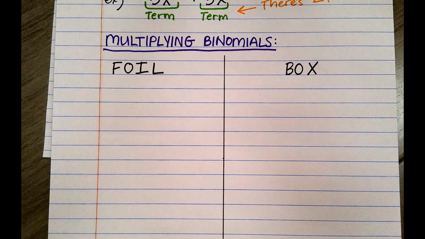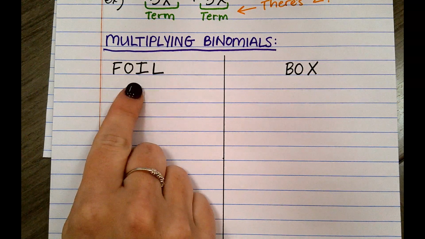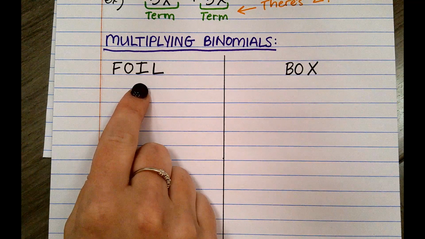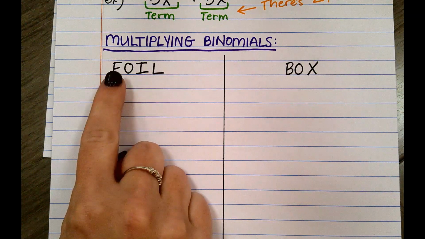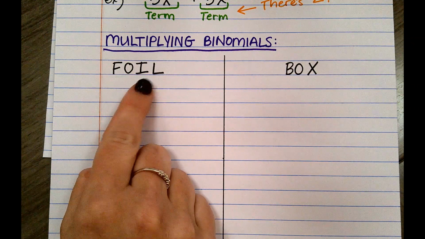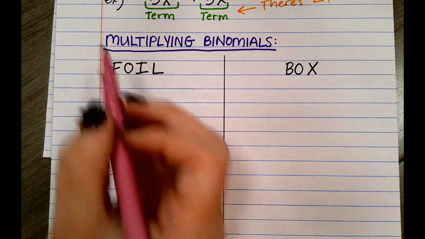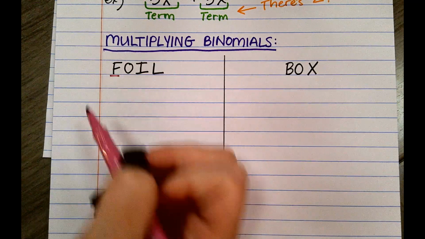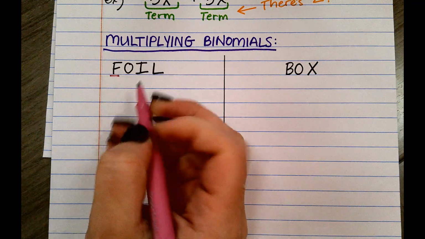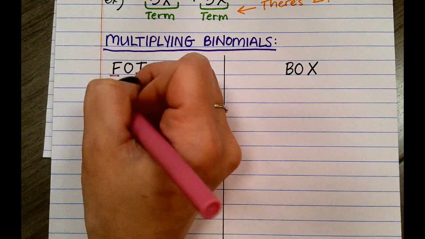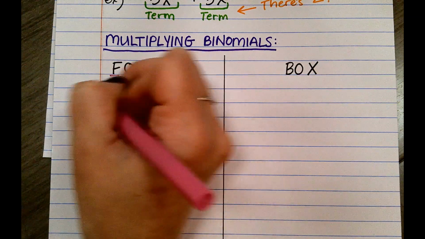Let's talk about FOIL first. FOIL is an acronym, which means each letter, F-O-I-L, stands for another word. The F in FOIL is first.